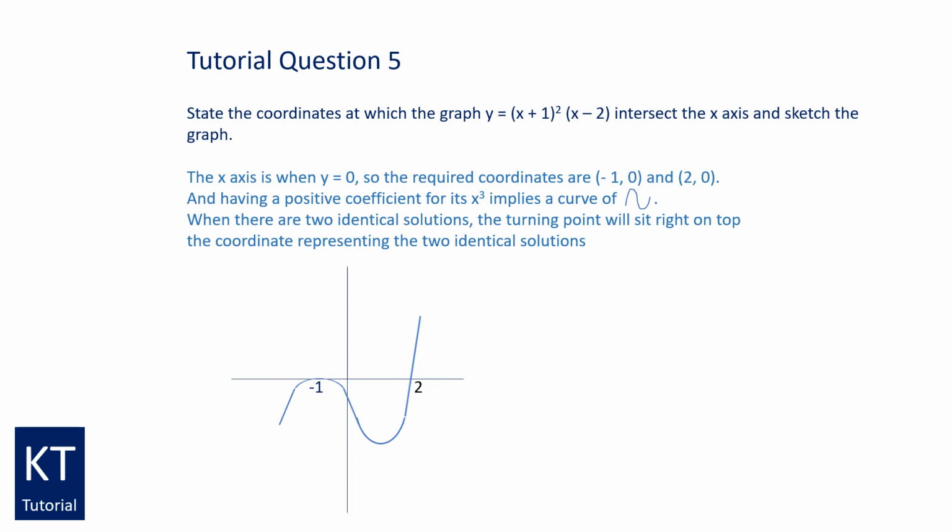And with the graph having a positive coefficient at its x cubed, it implies the curve as shown. With there having two identical solutions, the turning point will also be sitting right on top of the coordinate representing the two identical solutions. With that, we could plot the graph as shown.